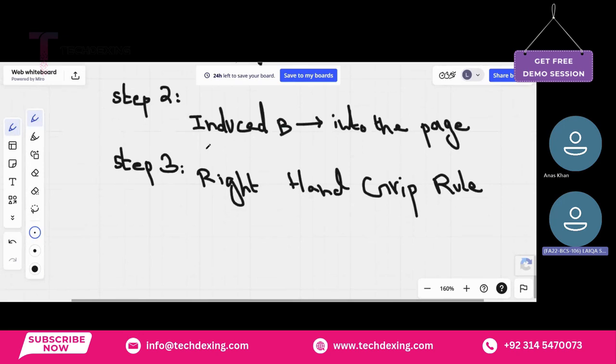You have to simply point your thumb in the direction of the induced magnetic field, and it is into the page. Into the page means away from you towards the screen. So you simply have to use your right hand. You have to point your thumb away from you towards the screen, and check whether your fingers are curling in the clockwise direction or anti-clockwise.